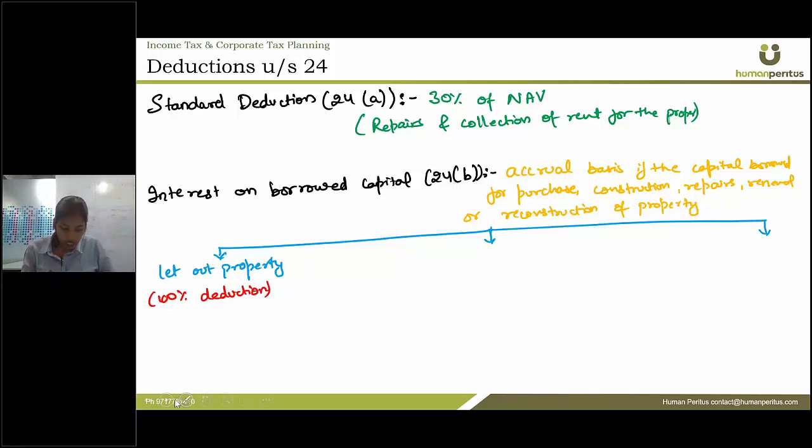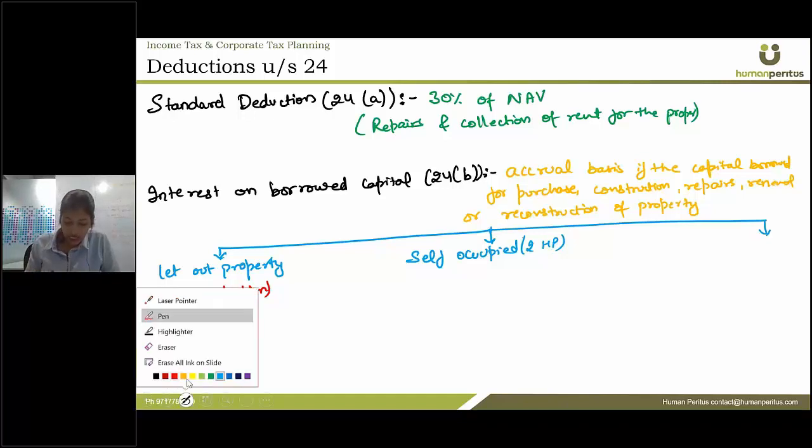Okay. Second case is if the property was self-occupied, and as I told you earlier, if the property is self-occupied, earlier it was allowed only for one property, now it is allowed for two house properties.